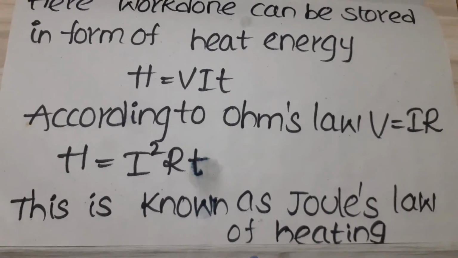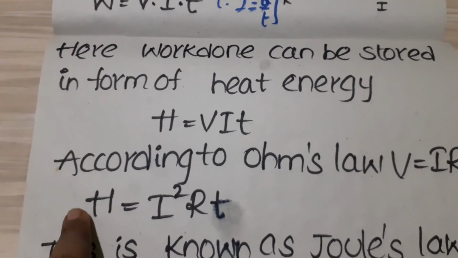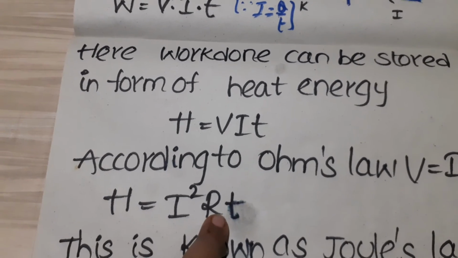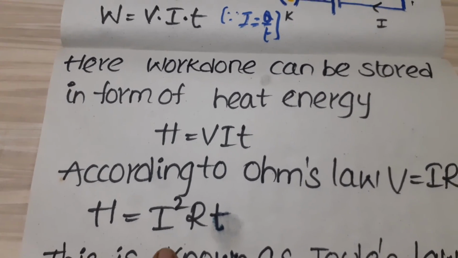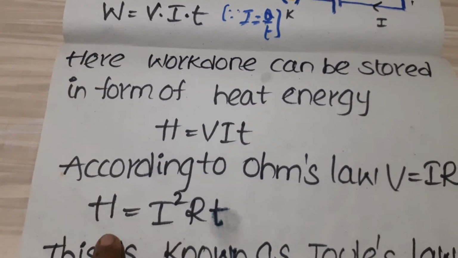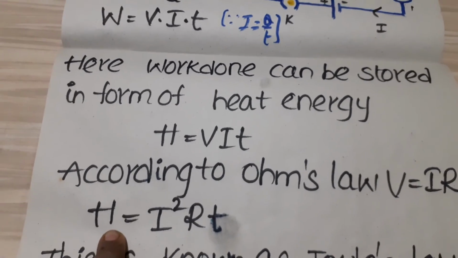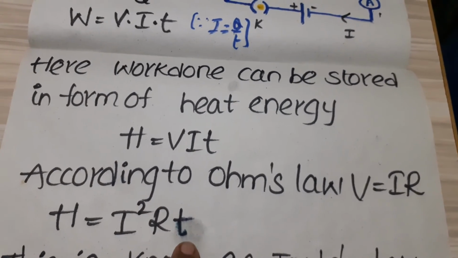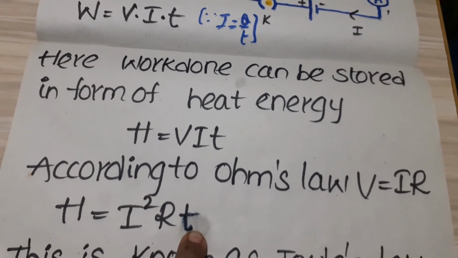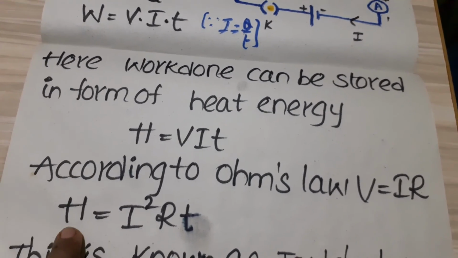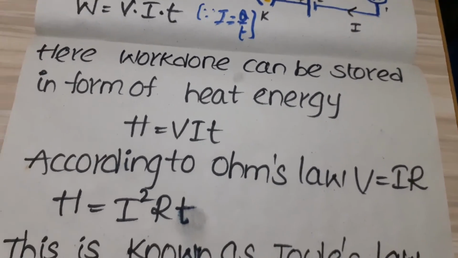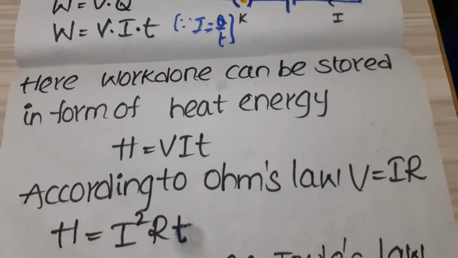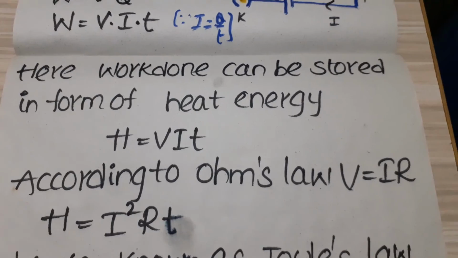Second point, the produced heat is directly proportional to the resistance of the conductor. As the conductor's resistance increases, the produced heat also increases. Third point is T, time. As time increases, the produced heat also increases. For example, if you take one conductor and increase the time of applying heat, the produced heat also increases.